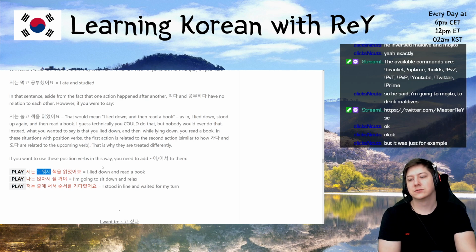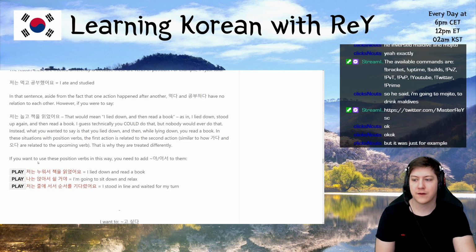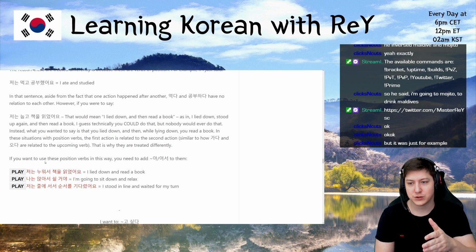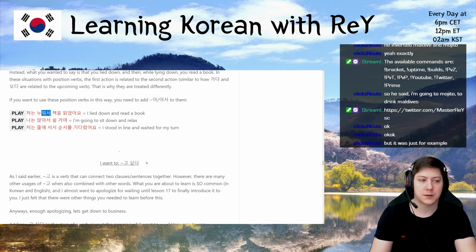So I lied down to read a book. Okay, so whenever we have a position verb, a movement verb that is done to do the next action, then we definitely use -아서 or -어서.